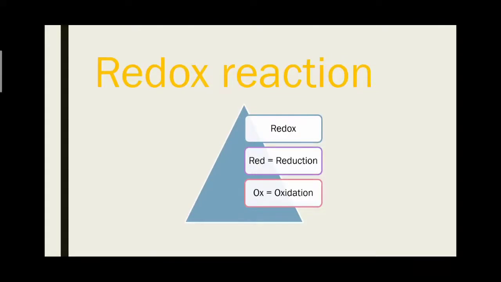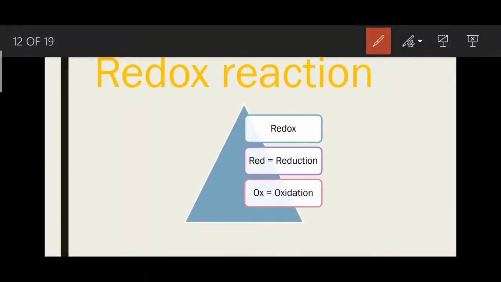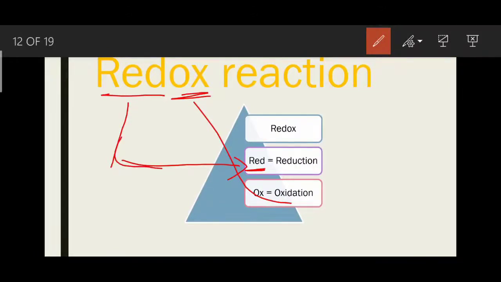So now redox reaction. What is redox reaction? Let's see. I have specially written this in the chart. See, redox, where red is written. Here red denotes reduction, and this oxy denotes oxidation.